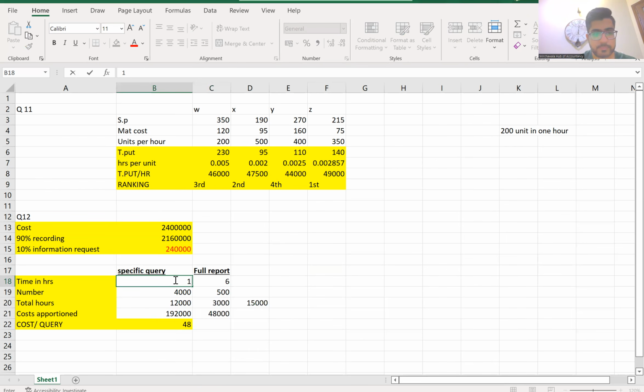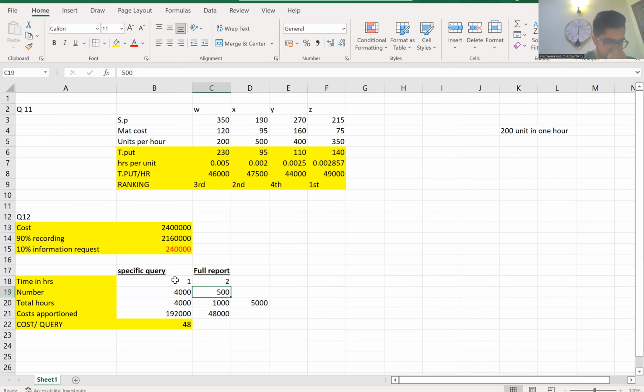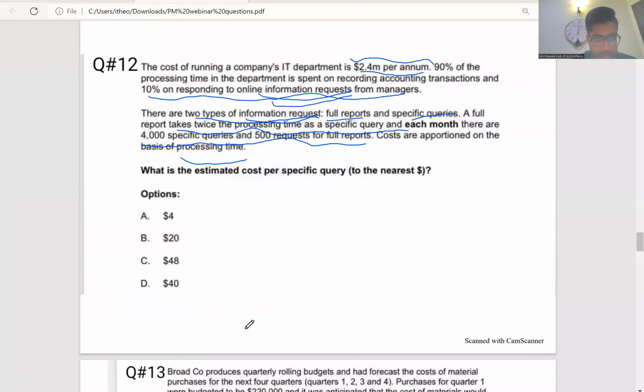A specific query takes 1 hour, a full report takes 2 hours. So for the cost per specific query, get the cost of the specific query apportioned on the basis of hours, and divide it by the number of queries. Okay, please note it. So the answer is 48.